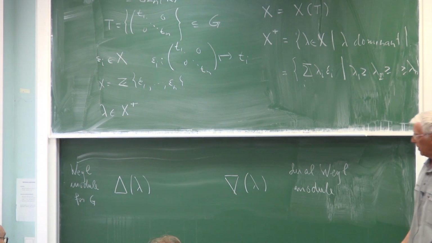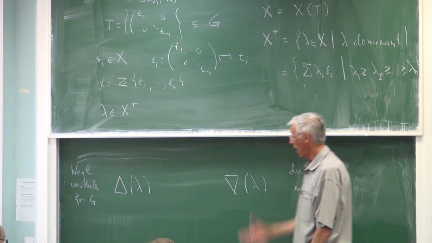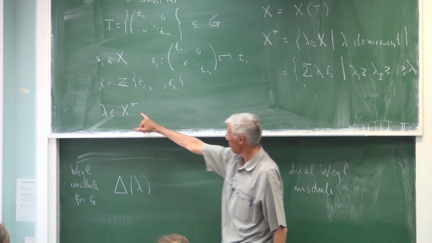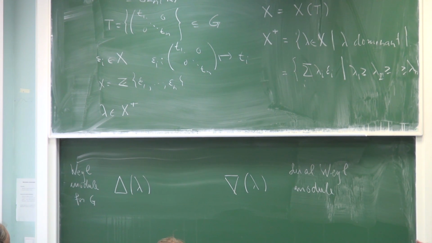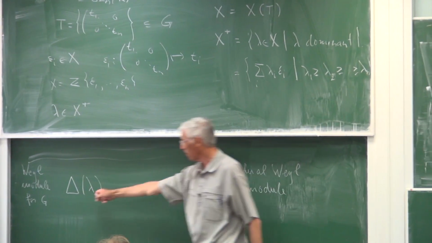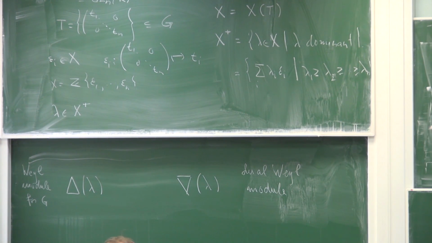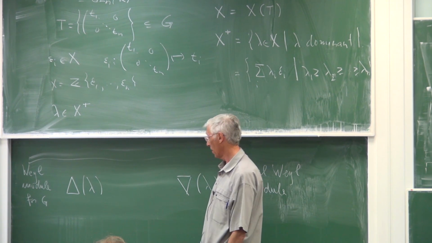And if we were in characteristic 0, these would be isomorphic, and they would be irreducible. And when lambda runs through the X plus, they will produce all finite dimensional irreducible modules. If you give me an irreducible module for GL_n in characteristic 0, it's isomorphic to this module. So these are classical and very well studied objects, but now we are in characteristic p, and these are usually not isomorphic and they are not irreducible.